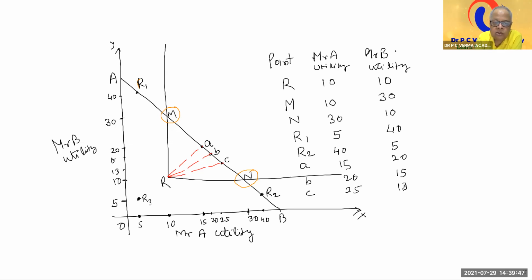What we find out is that R1 and R2 are welfare decreasing, not welfare increasing.